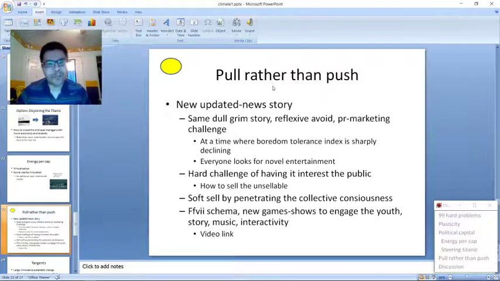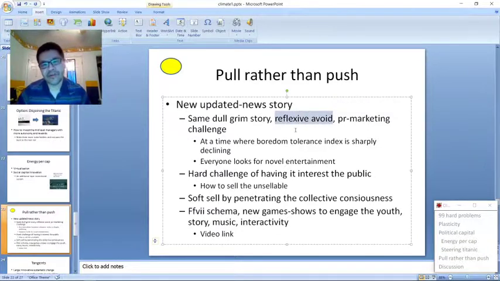A reporter covering climate change mentions that it's the same dull, grim story, which people will reflexively avoid.